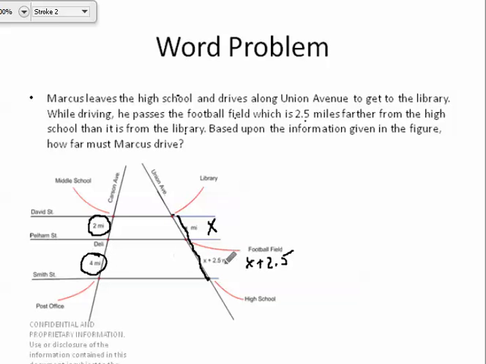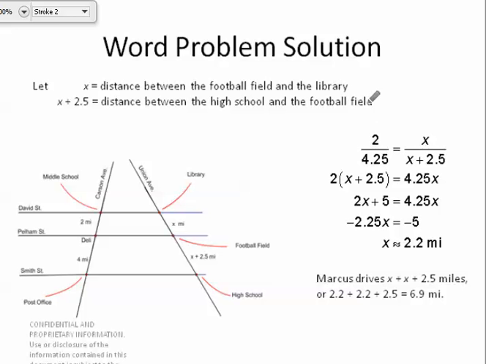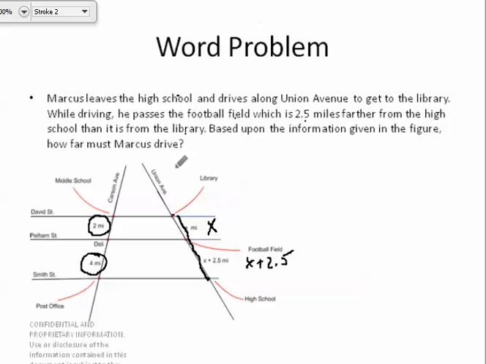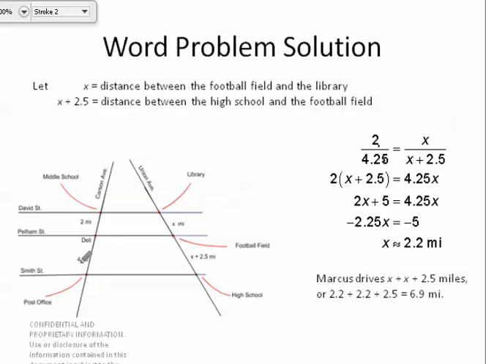I think we can set up our proportion. Okay? Oh, I remember this problem. This one is actually 4.25. They miswrote the problem once. Okay, so this is 4.25.